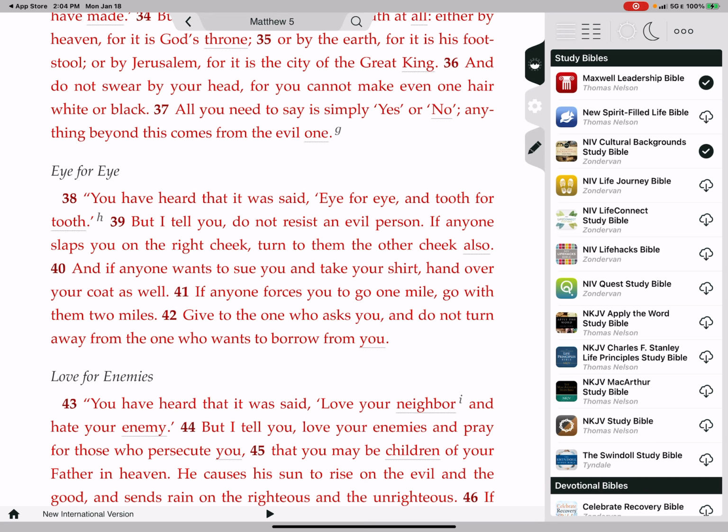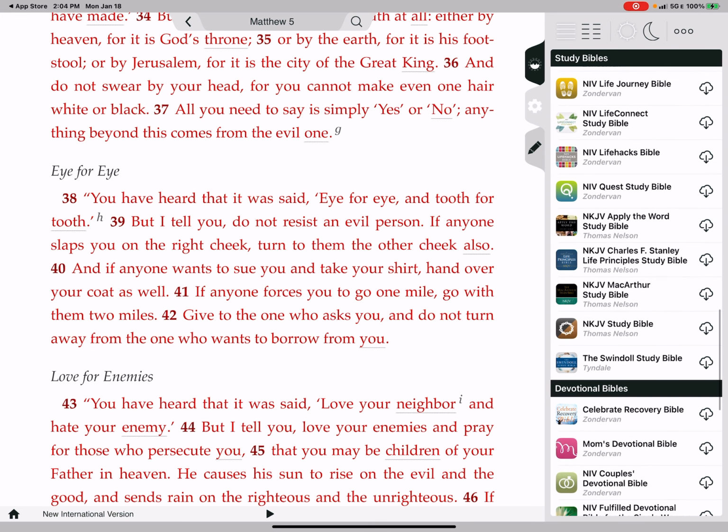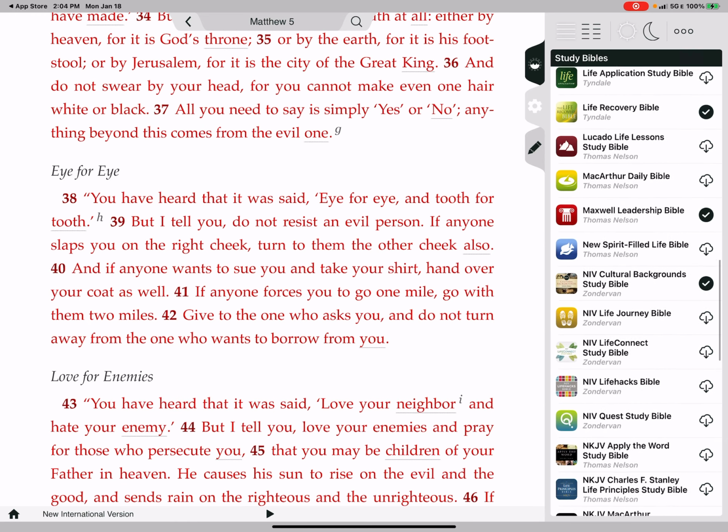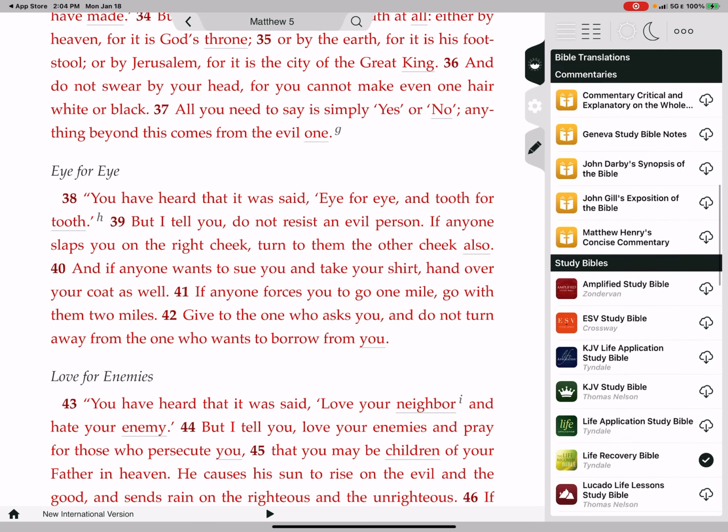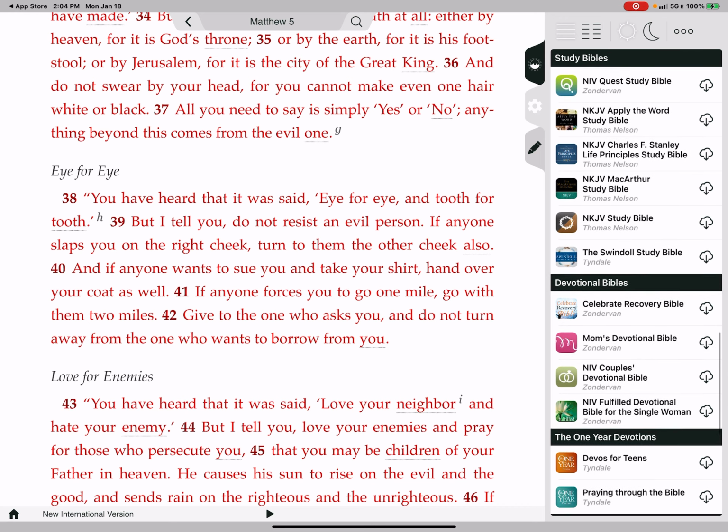And the resources you have are going to be here in this list. I like the Life Hacks Bible. I like all of the resources. Apparently, I do. I bought them all, but I like all of the resources that are available in this Tecarta Bible app. And you just have a library of study material right there.